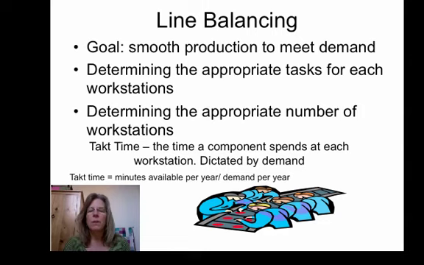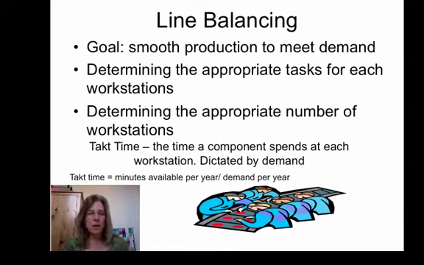One of the cornerstones of this is that the line is balanced depending on what the customer is demanding. And this helps you to determine the appropriate tasks for each workstation, so there might be multiple tasks done in one workstation, or determine the appropriate number of workstations if there are multiple workstations.